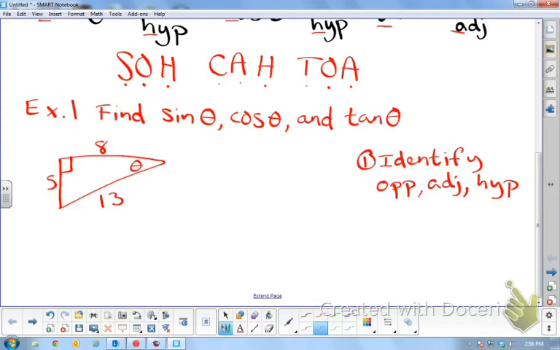I actually usually start with hypotenuse when I'm thinking this through. We know hypotenuse is across from the right angle. So 13 would be my hypotenuse. Then we look at the angle that was given to us, theta. Opposite of theta is the one across from theta. So 5 is opposite, and 8 would be left to be adjacent.